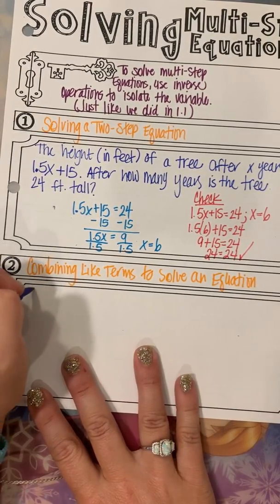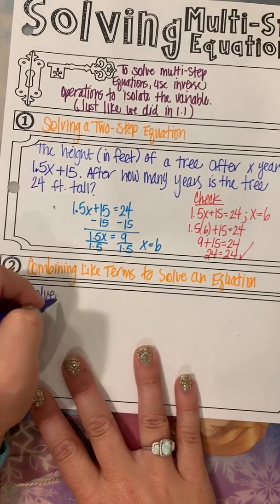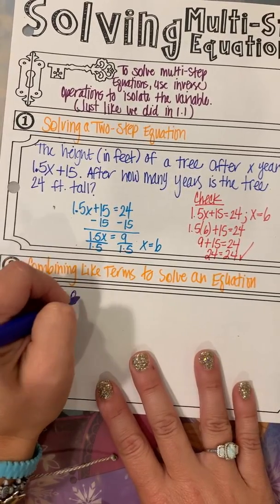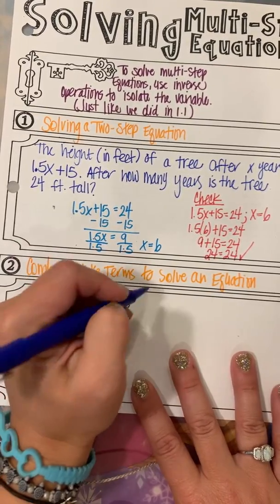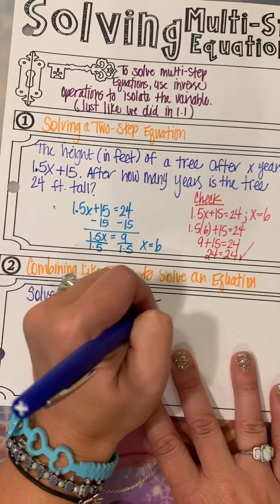So this one says solve 8x minus 6x minus 25 equals negative 35.